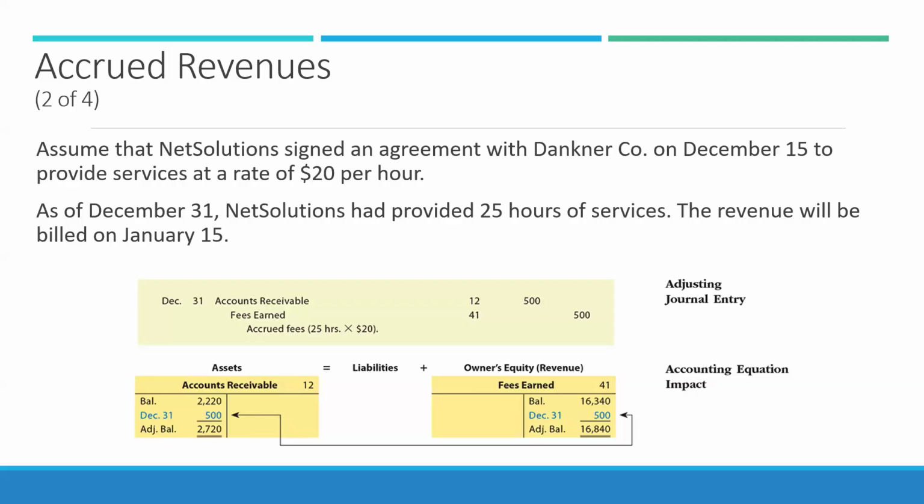We need to show that adjusting entry that shows we debit our accounts receivable for 25 hours at $20 an hour, or $500, and we credit our fees earned. Does that make sense? Even though we're not going to invoice them till January, the period is ended and we need to show what revenues we earned in this period.